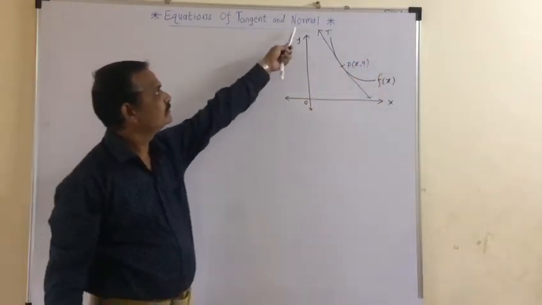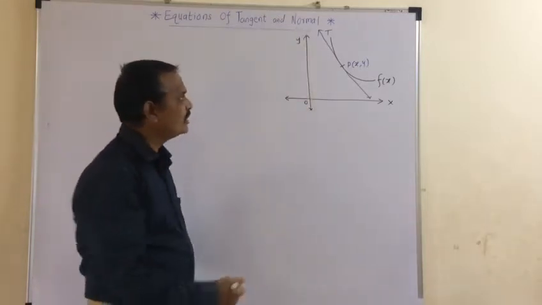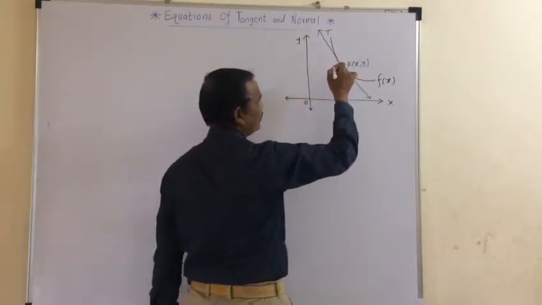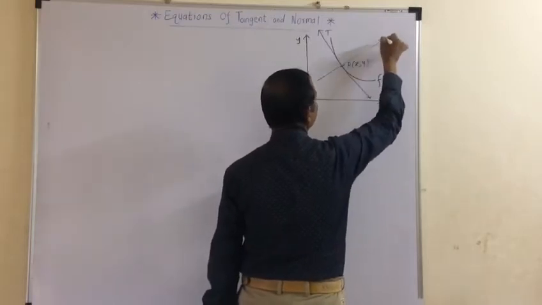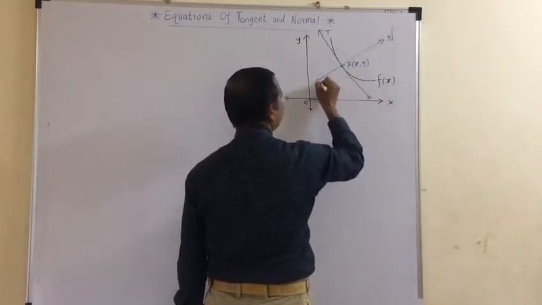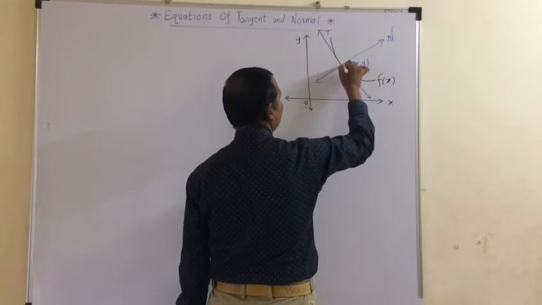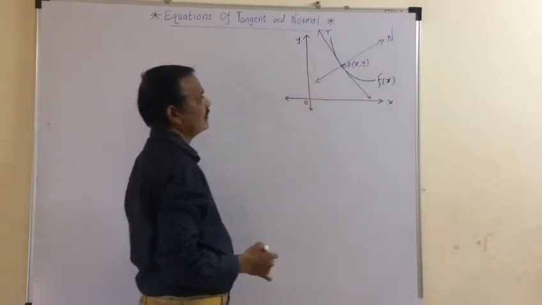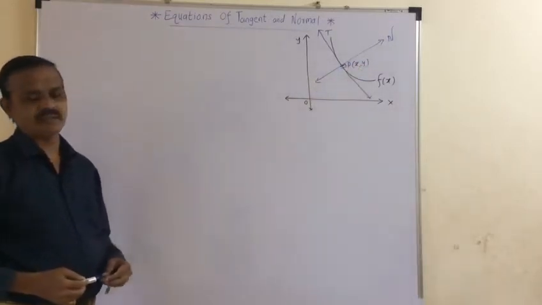Also, normal is perpendicular to this tangent at that point. Like this is our normal, and which is perpendicular to tangent.